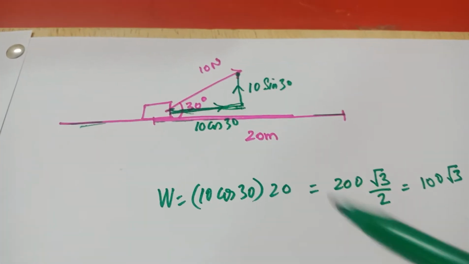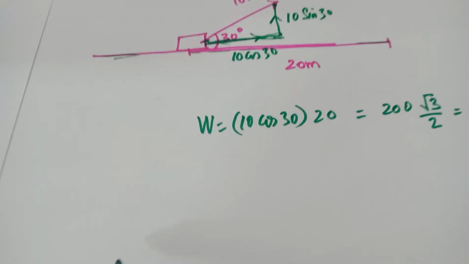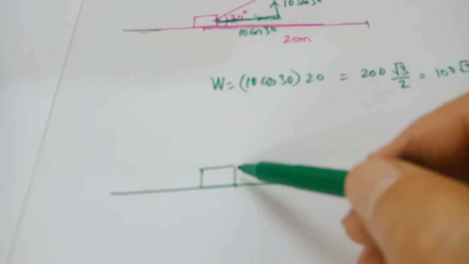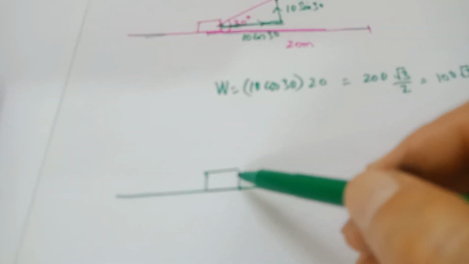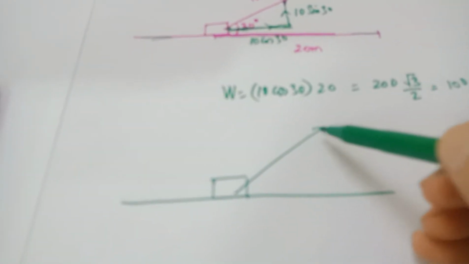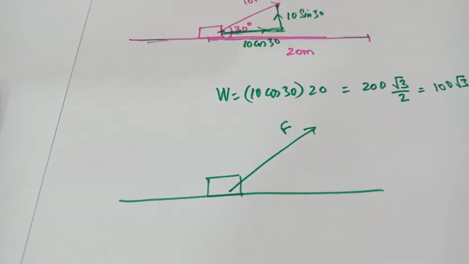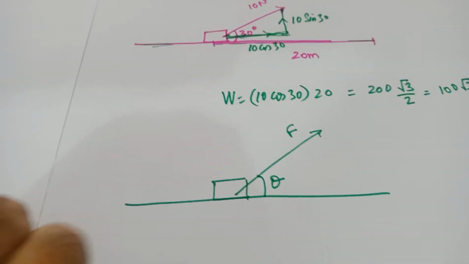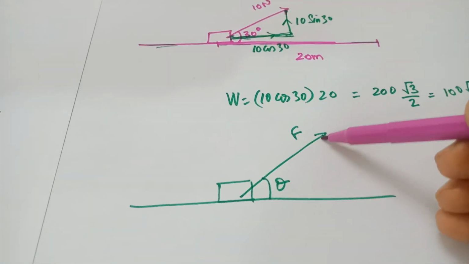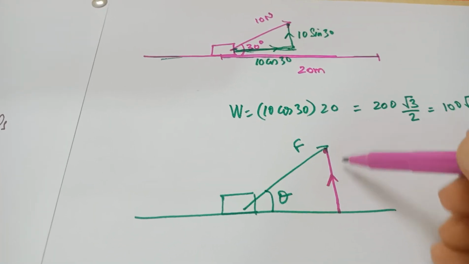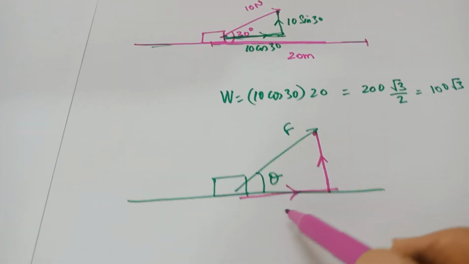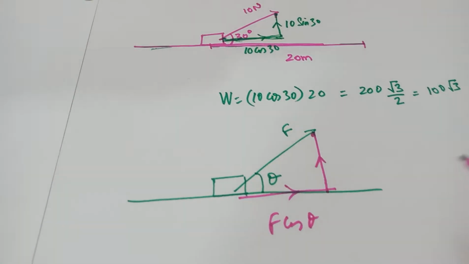So we can generalize a formula here. If we have an object being moved by an inclined force F, inclined at theta, and when you resolve this, we don't need this component, we need this one, that is F cos theta.